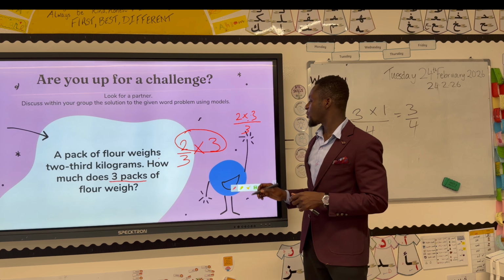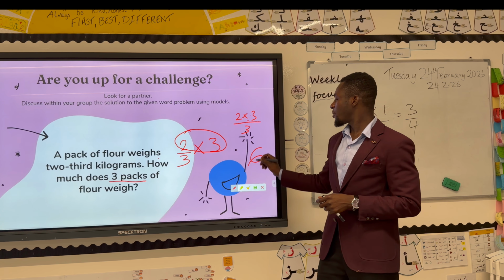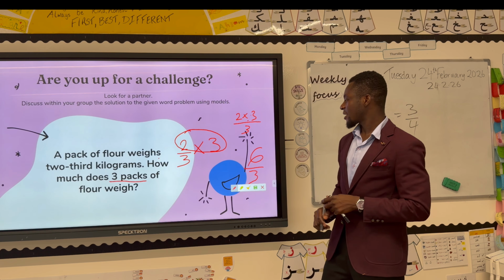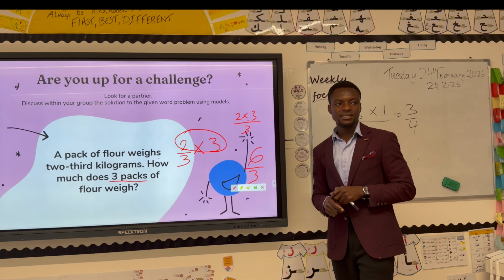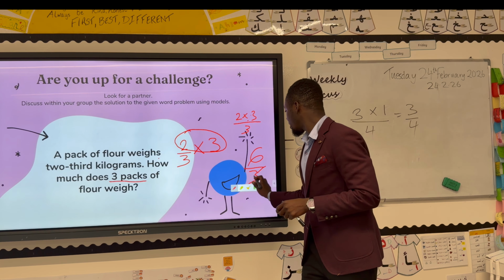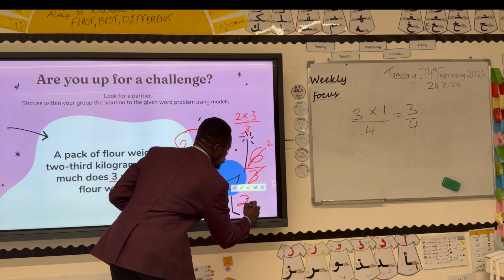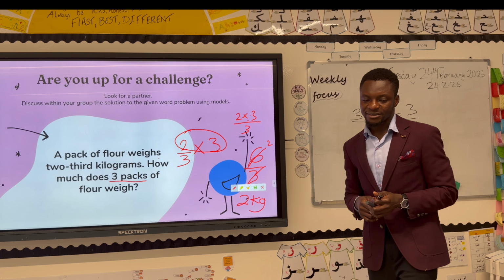So now 2 times 3 will give us 6. Okay, then we bring our 3, which is our denominator. Now let's simplify. Can we simplify this? Okay, so how many times does 3 go into 6? Yes, Mia? 2. So 3 will divide 6 2 times. Therefore, our final answer is 2 kg or 2 kilograms.